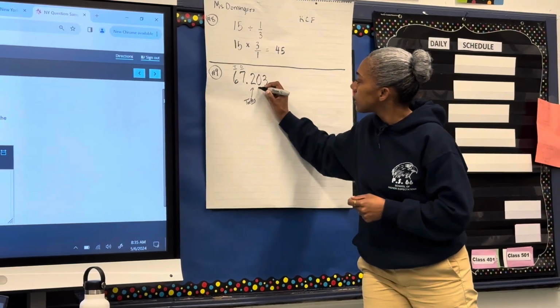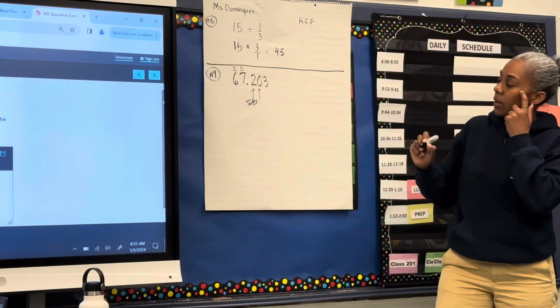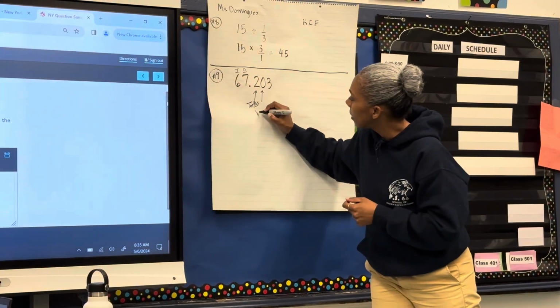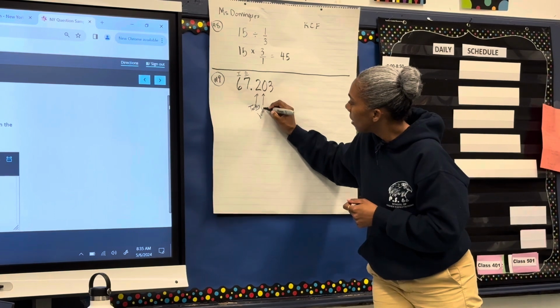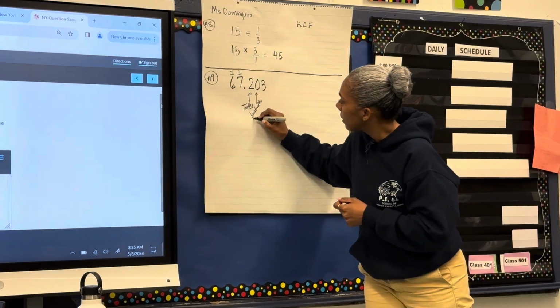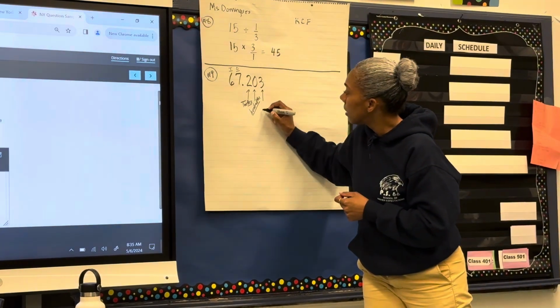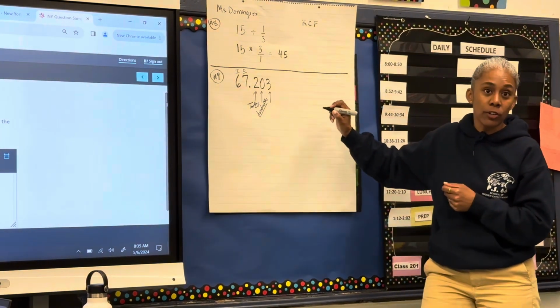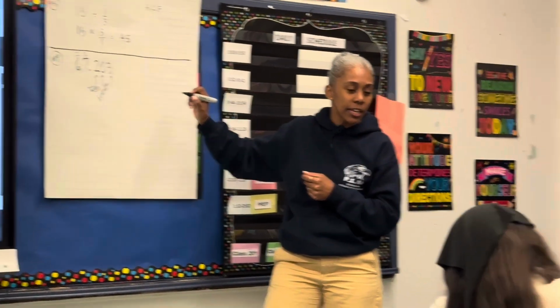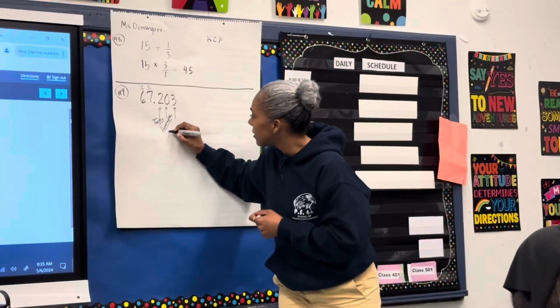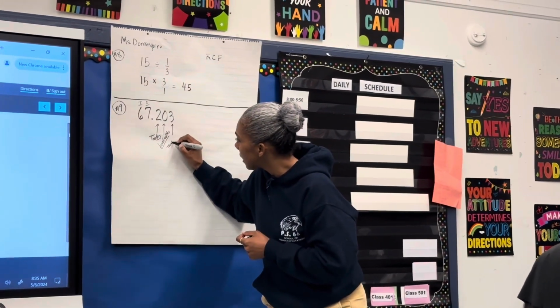Good. And what's this one going to be? Hundredths. Very good. And the last one? What comes after hundredths? Don't be scared. Thousandths.